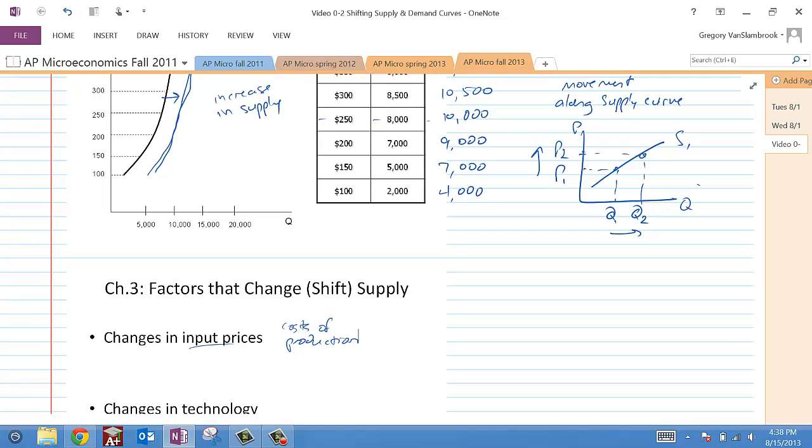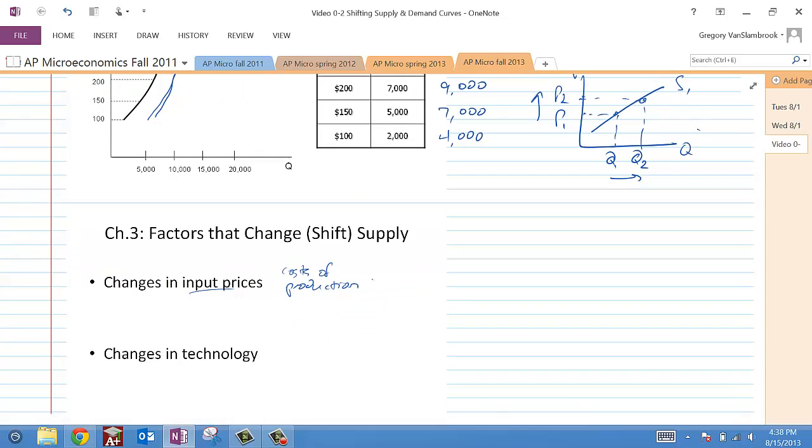And if you can sell your ticket for $250, then even more people are going to be in the market. Bottom line is, if the cost of production for any good decreases, then the supply is going to increase. The supply is going to shift to the right. And vice versa. If the cost of production increases, then the supply of the good is going to decrease.